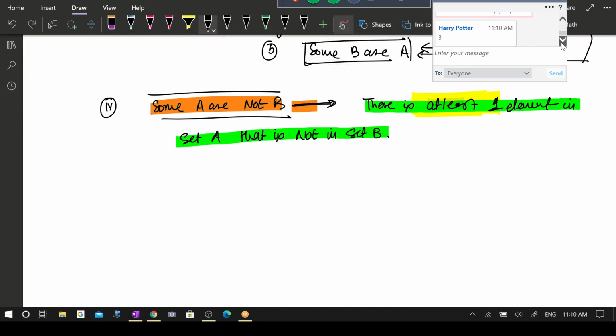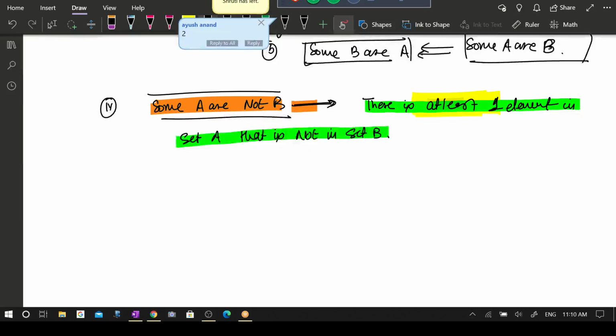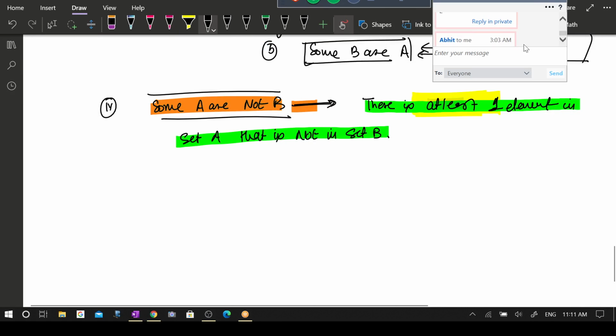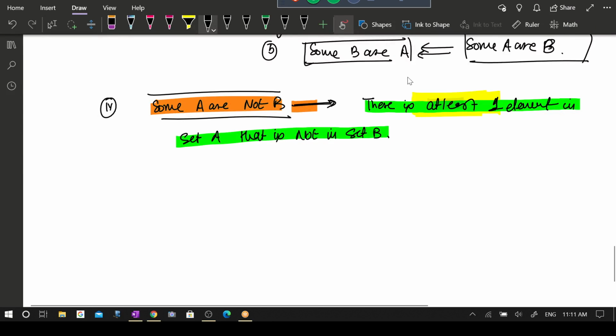Ravi says two. Benazir two, Ayush two, Amar ma'am two. Abhit three.